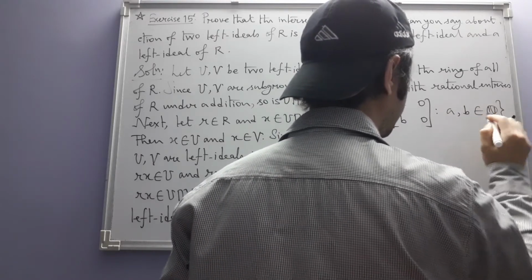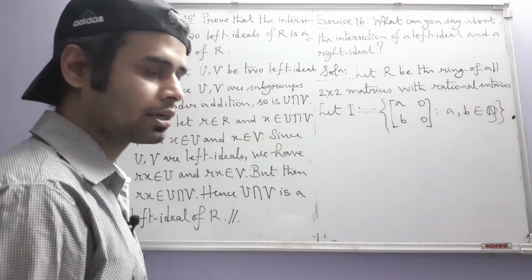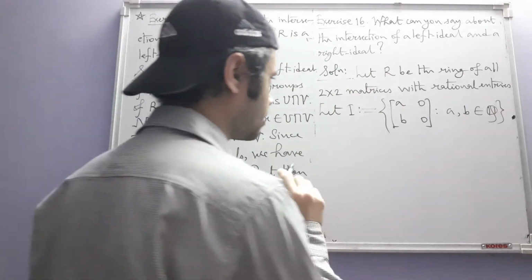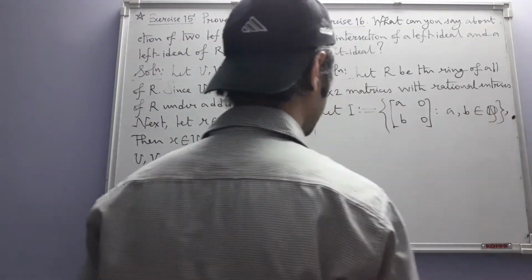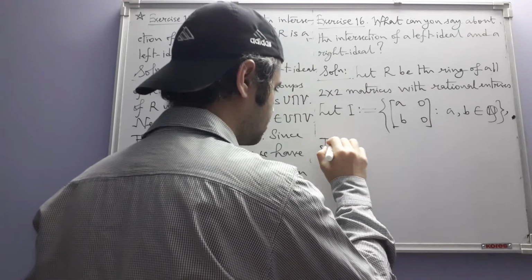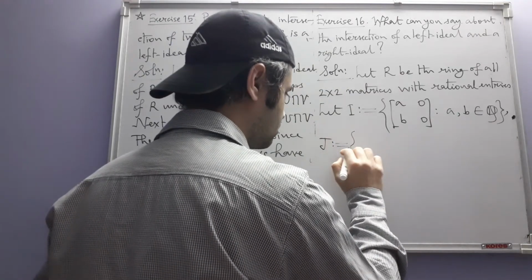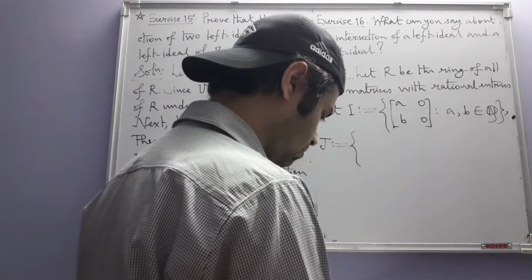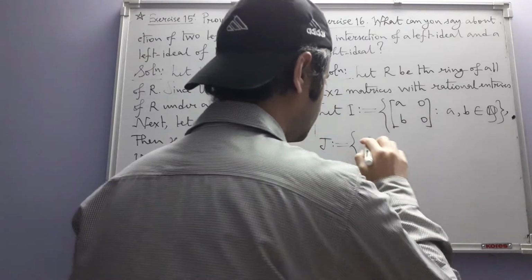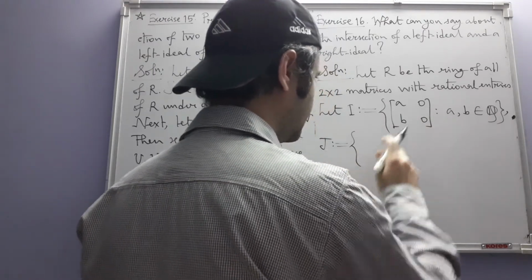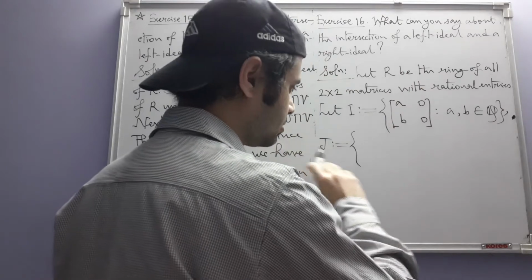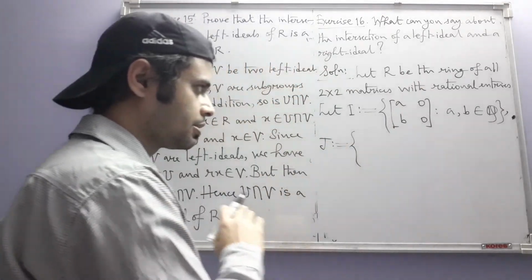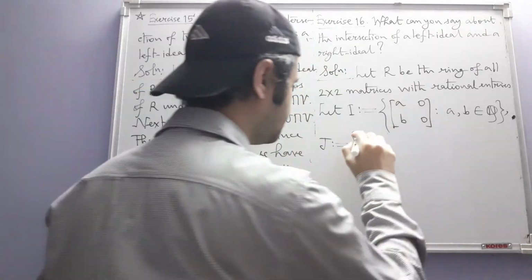By this Q we mean the system of rational numbers, or rather the set of rational numbers. Let this be one thing, and J be the set of all matrices where the second column is 0. In J we consider all matrices where the second rows are 0.